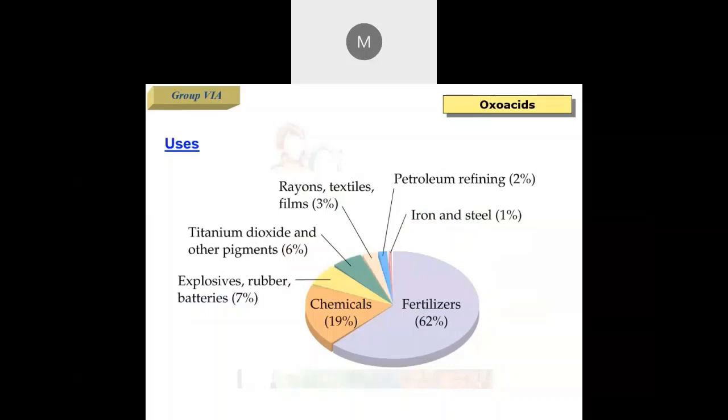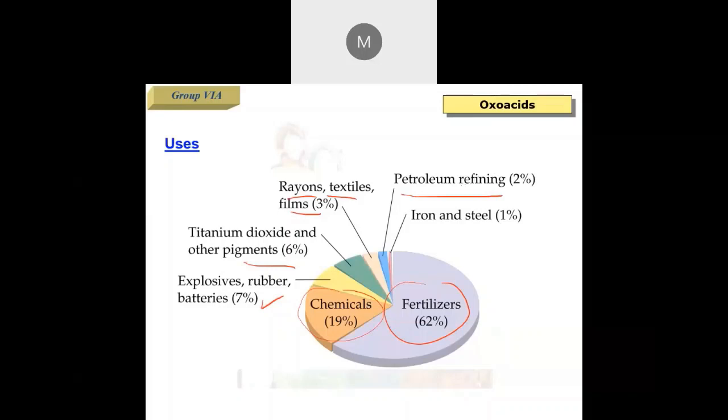These are some of the general uses. You can see that about 62% is used in the fertilizer industry, and there are also some other uses as starting material for chemicals in the industry: rubbers, batteries, explosives, pigment, polymer, textiles, rayons, films, petroleum refining.